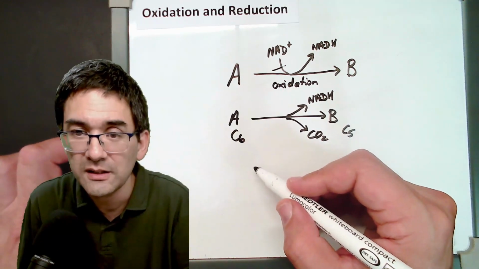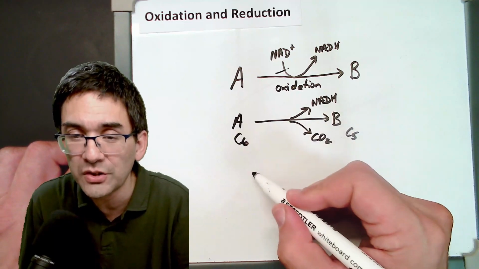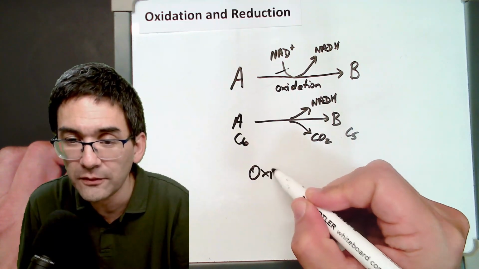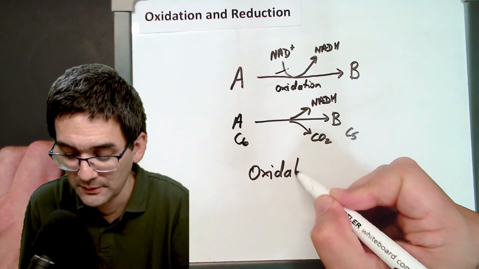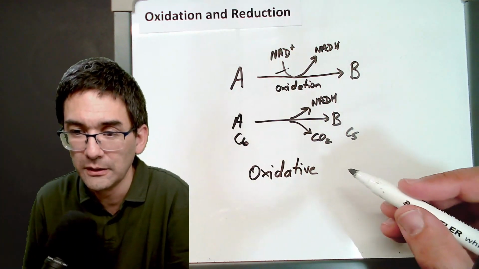Again, this is a very important process, and I need to write down the name here because it's so important. This stage when you remove electrons and when you remove carbon dioxide is referred to as oxidative decarboxylation. Again, I have to move the microphone a little bit out of the way here.